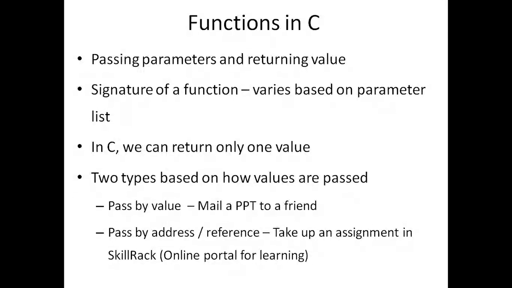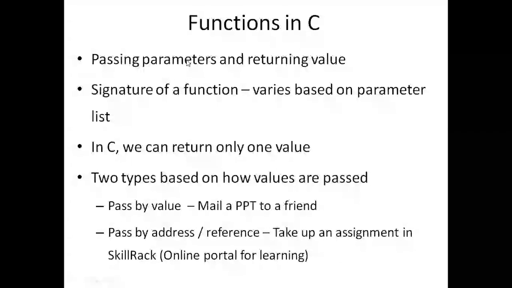And the caller function has to give some information, that is, the caller function is calling the function for doing some particular task, and the task may require some input. Then the input has to be communicated to the called function. How it is done is by passing parameters.